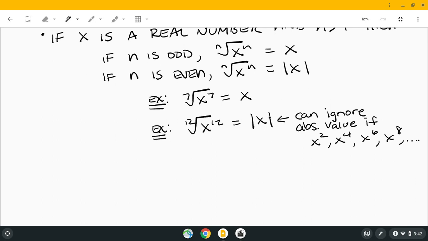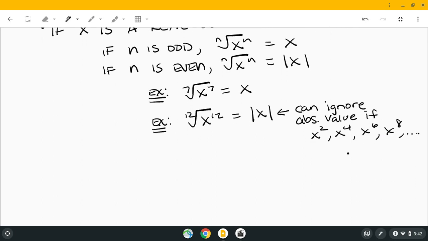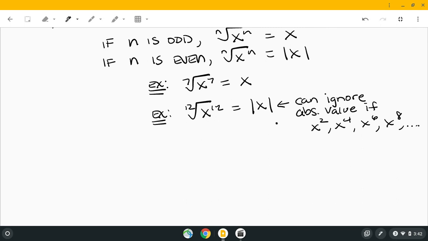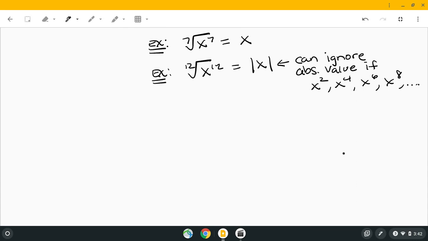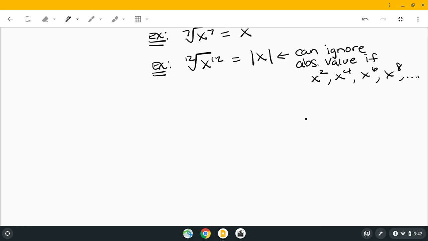We're trying to ensure that we end up with the positive result. Okay, and having these even exponents makes it positive. So you can ignore the absolute value in those cases. Okay, and this is if your answer is already x squared. All right, let's go ahead and evaluate these.